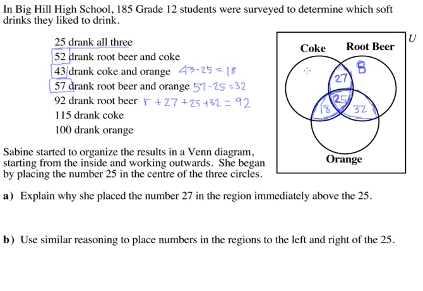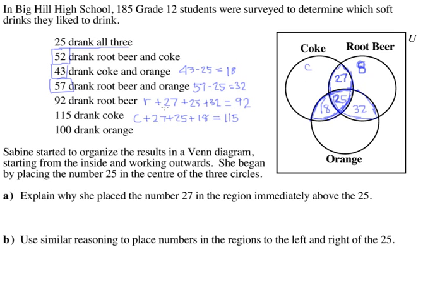We can do that again for the Coke side. C for Coke. C plus 27 plus 25 plus 18, that's all the Coke people. Everyone who's anywhere in that circle has to make a grand total of 115, because these Coke drinkers sometimes drink other stuff as well. This isn't drinks only Coke, it's just, do you drink Coke? And they answered yes. So some of them also drink root beer, some of them also drink orange, some of them drink all kinds of stuff.